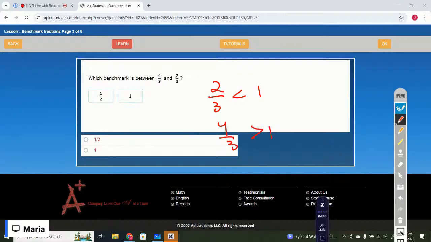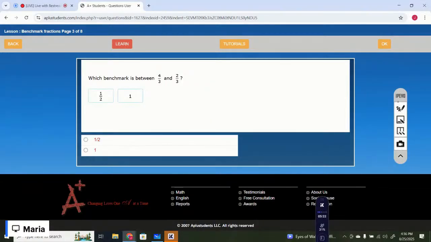So 1 is the benchmark between 2 by 3 and 4 by 3. Option number two is the correct option.